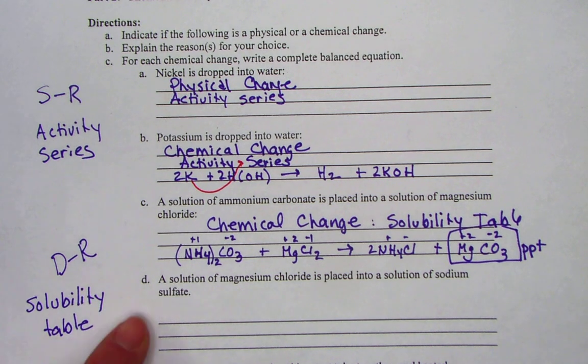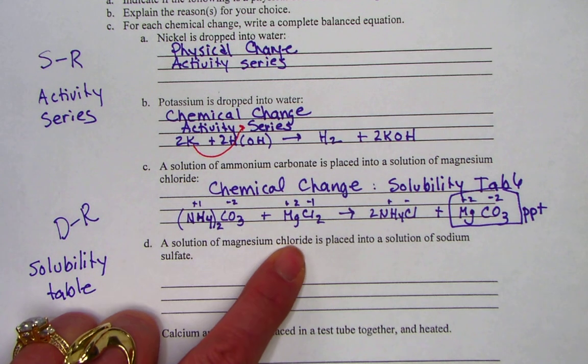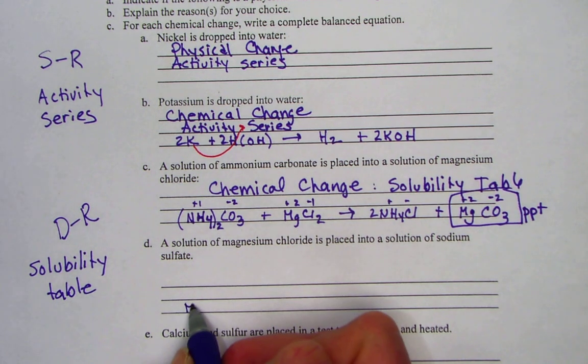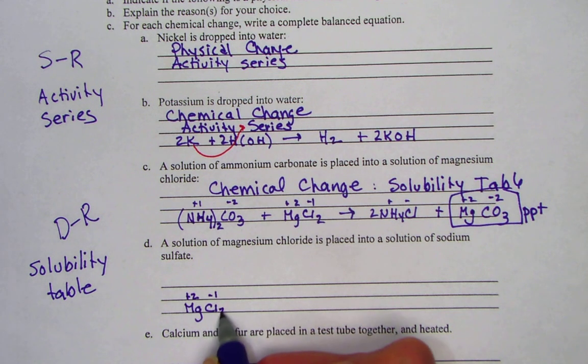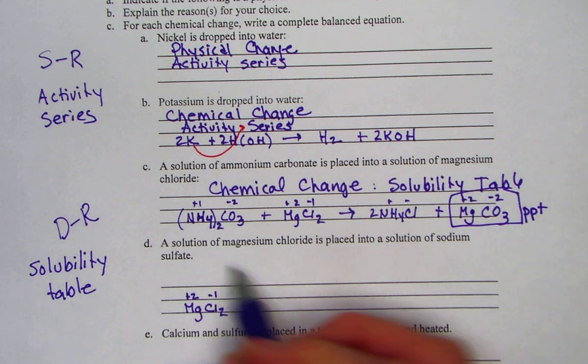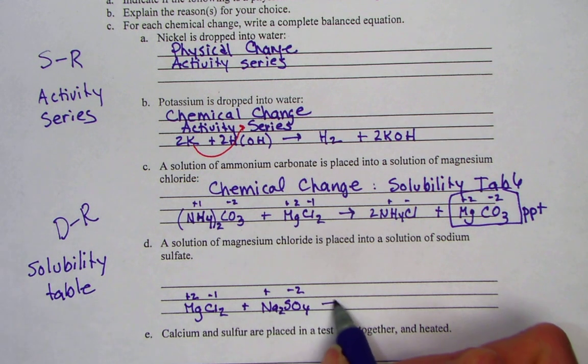Letter D will also follow a double replacement pattern. Let's take a look. If magnesium chloride is placed into sodium sulfate, magnesium chloride, based on charge, we've got MgCl2, and sodium sulfate, based on charge, we get Na2SO4.